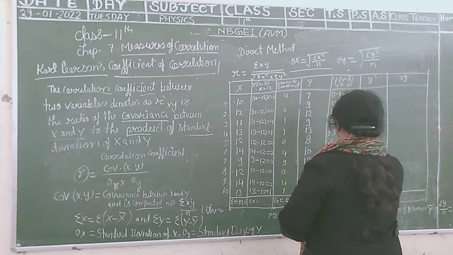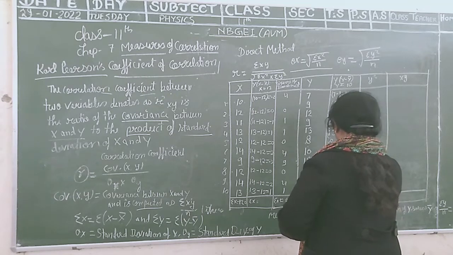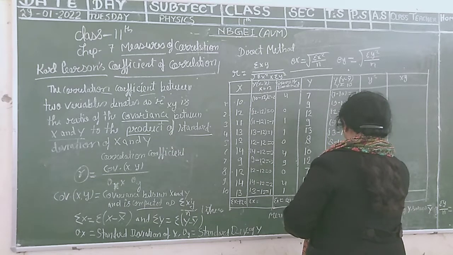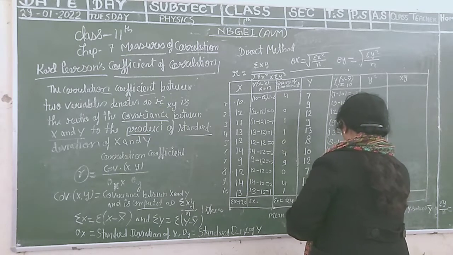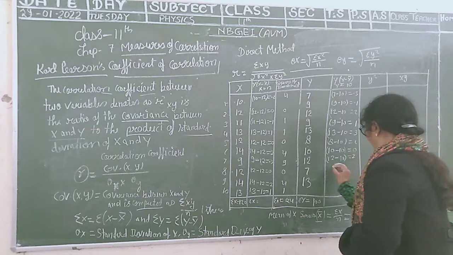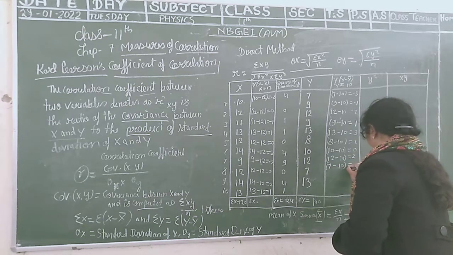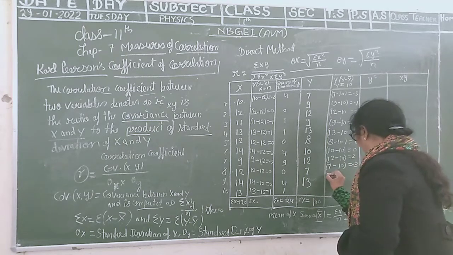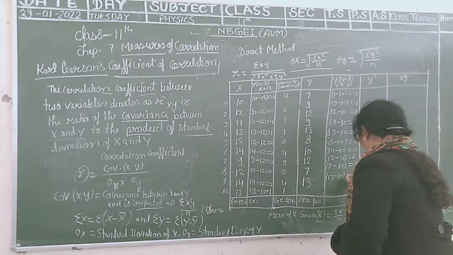And 8 minus 10 equals minus 2. And 10 minus 10 equals 0. 12 minus 10 equals 2. And 7 minus 10 equals minus 3. And 13 minus 10 equals 3.